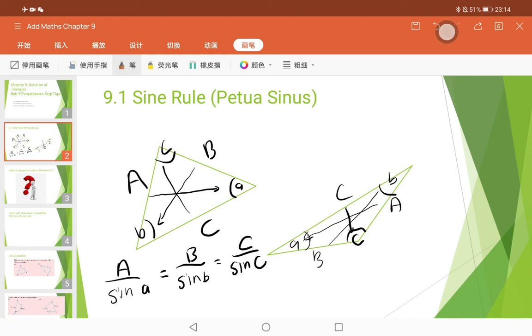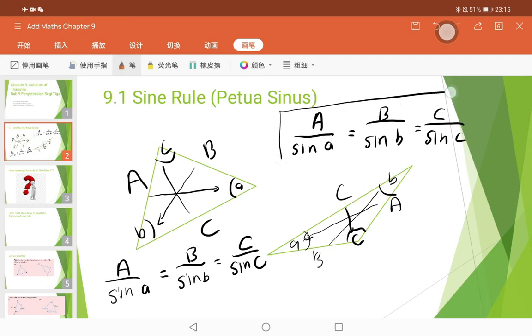So same thing here, we have A over sine A equals to B over sine B equals to C over sine C. Okay, so this is the formula for the sine rule.